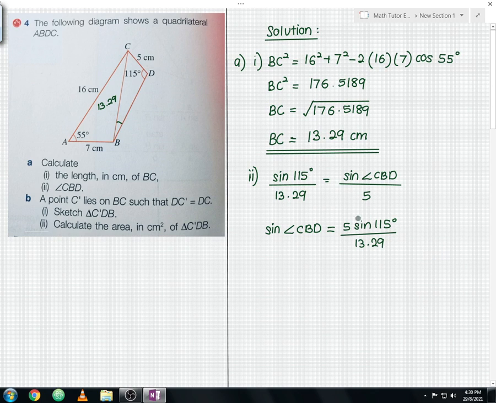You calculate this value and you sine inverse it. So from here you should get your angle CBD is equals to 19.94 degree. So this is your answer for the question A, part 2. Let me underline the solution.